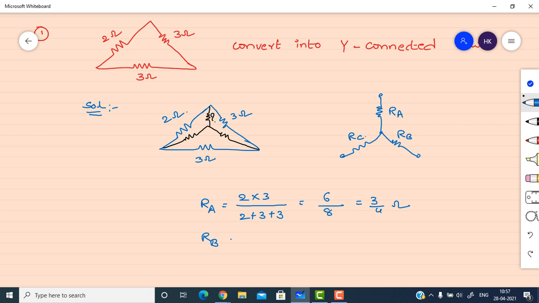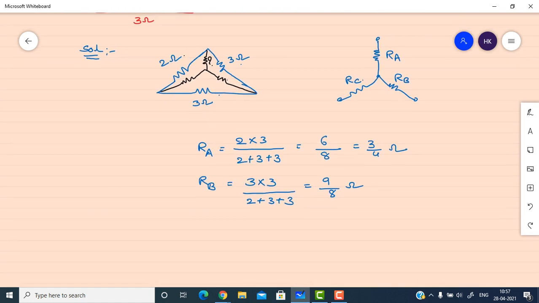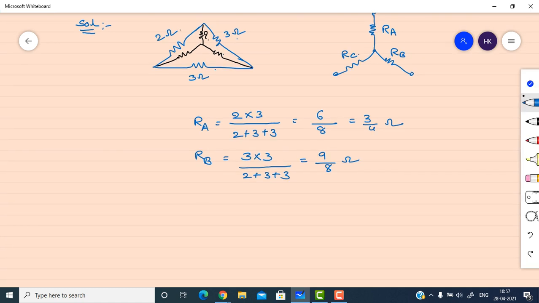Next, what about RB? RB means this resistor. It is connected between these two resistors, 3 ohms. So multiply those two in the numerator, 3 into 3 by 2 plus 3 plus 3, 9 by 8. And next RC, 2 into 3 by 2 plus 3 plus 3, 6 by 8 again, so it is 3 by 4.